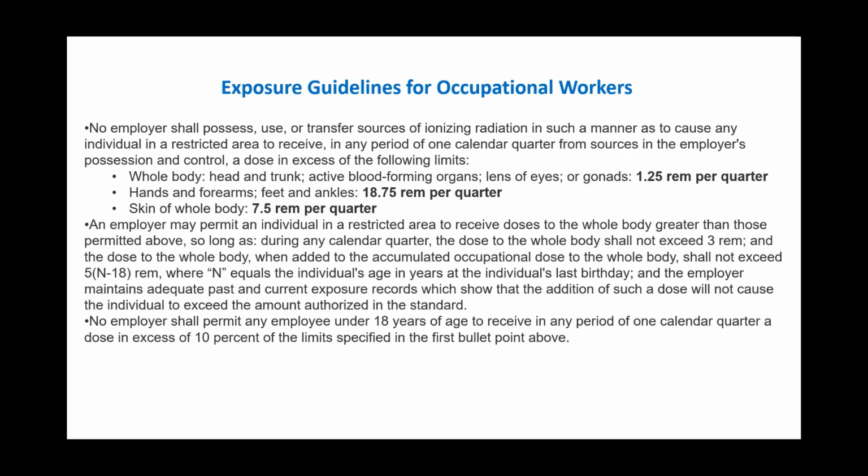No employer shall permit any employee under 18 years of age to receive in any period of one calendar quarter a dose in excess of 10% of the limits specified in the bullet points above.